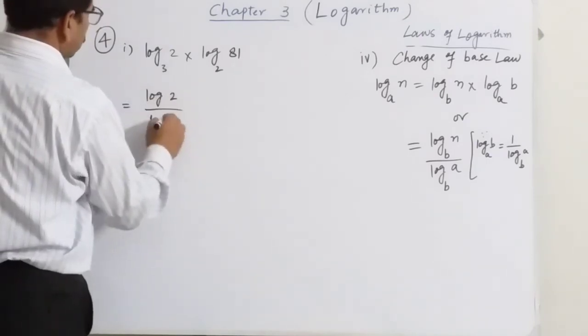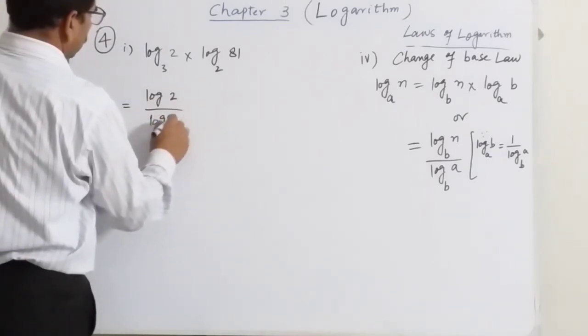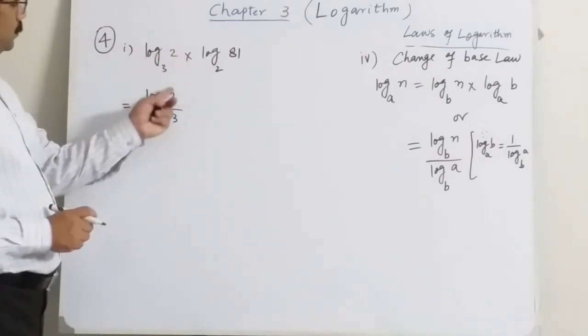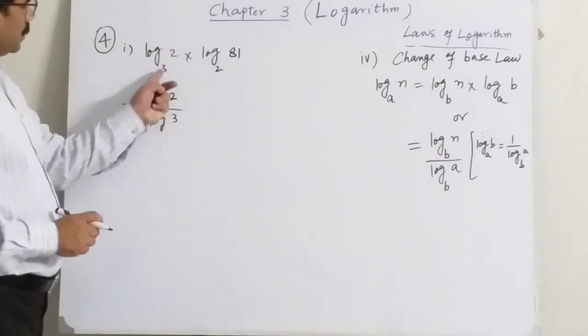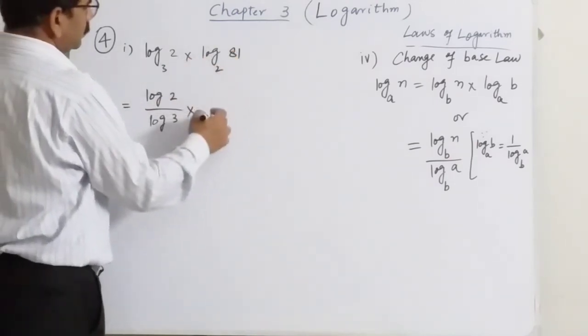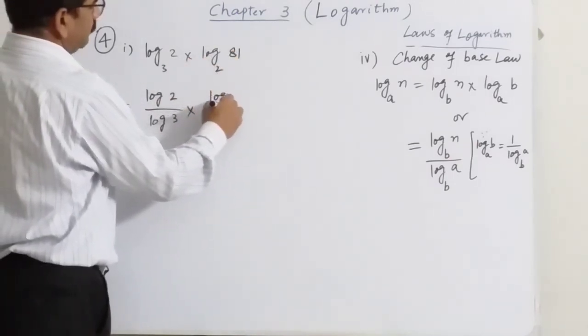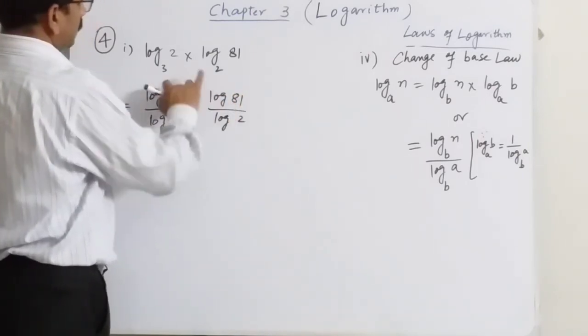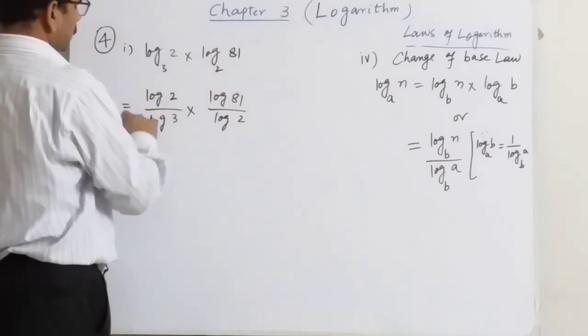Original base is equal to 3, log of 3 to the base 10. So simply we will write it as log of 2 divided by log of 3, multiplied by log of 81 divided by log of 2. Here both the bases have been changed to base 10.